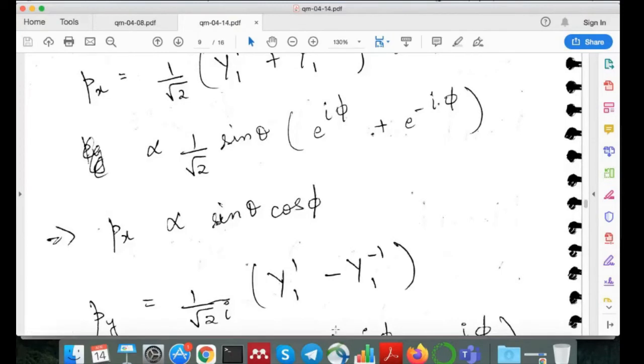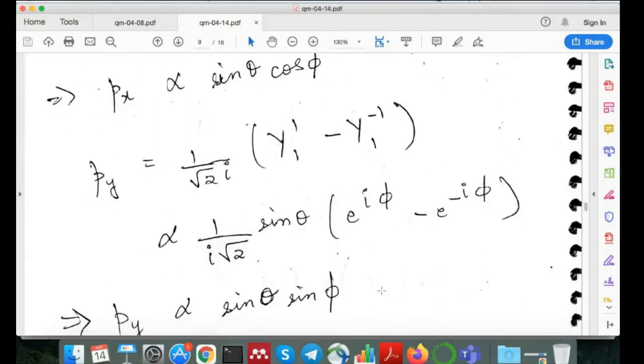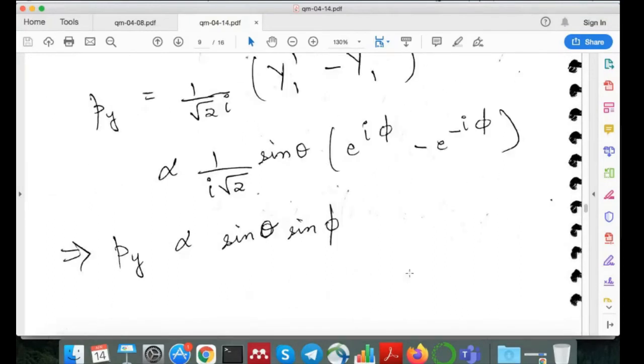Similarly, if you take the other linear combination, Y11 minus Y1 minus 1, you will get e power i phi minus e power minus i phi. This is nothing but your sine phi. So essentially you're getting sine theta sine phi, and r sine theta sine phi is nothing but your y in terms of Cartesian coordinates. So this is nothing but your py orbital.